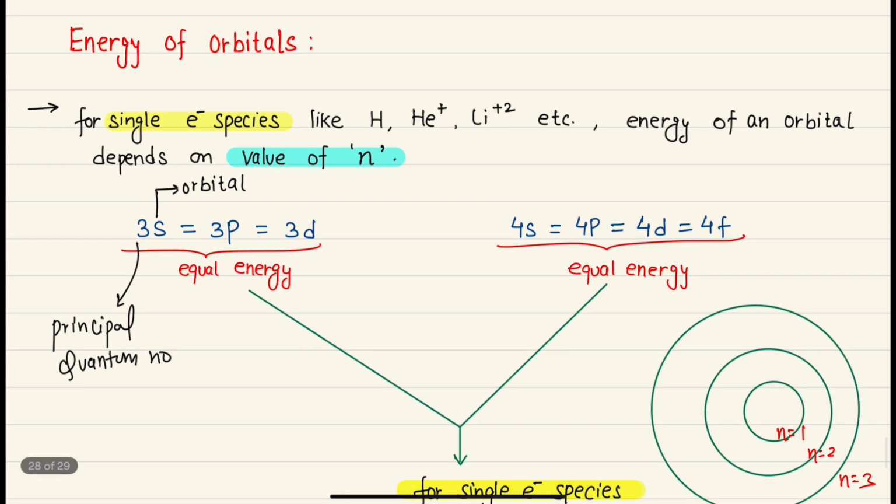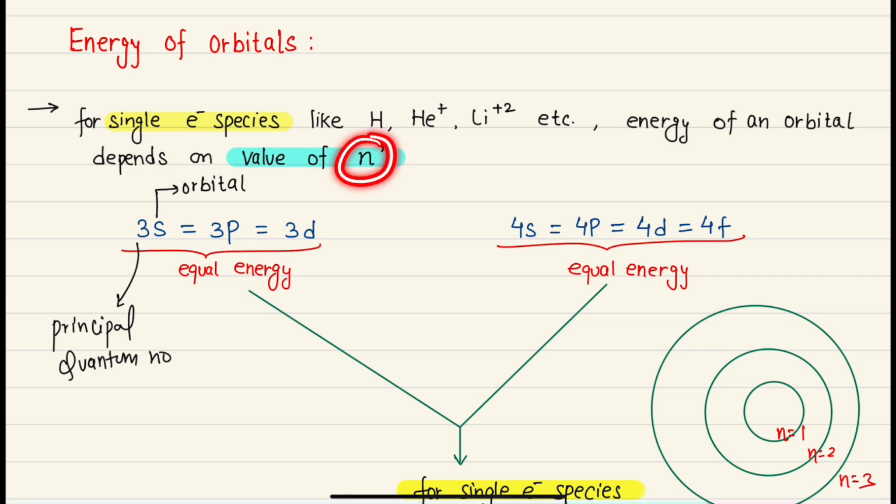First of all, for single electron species like hydrogen, He+ or Li2+, etc. If you have an atom or a species having only one electron, that is called a single electron species. In such a case, the energy of an orbital depends on the value of n.